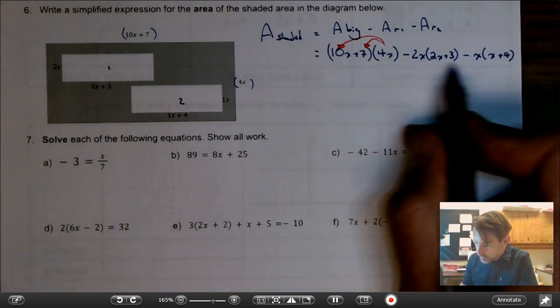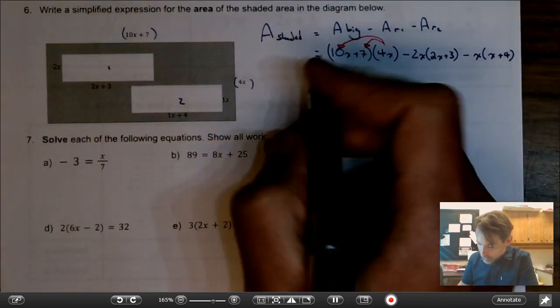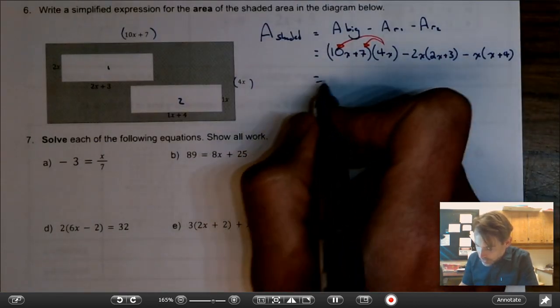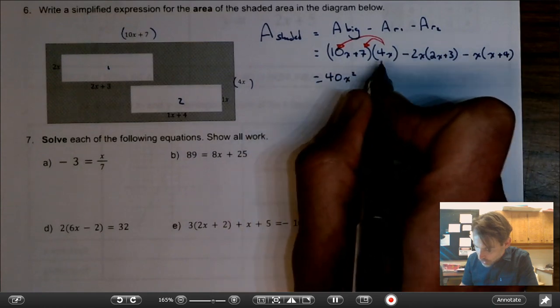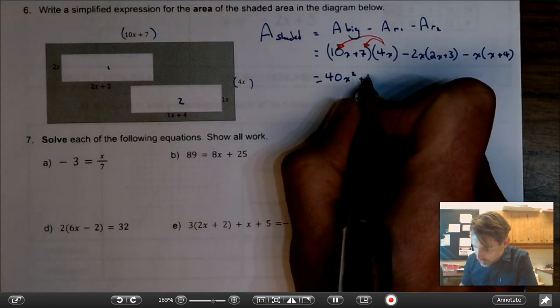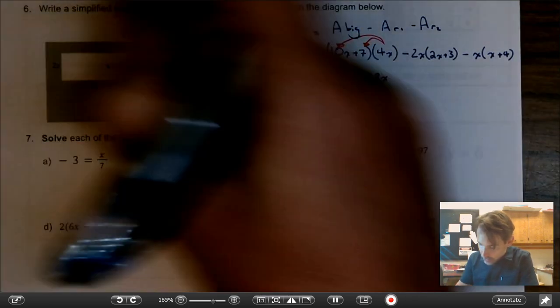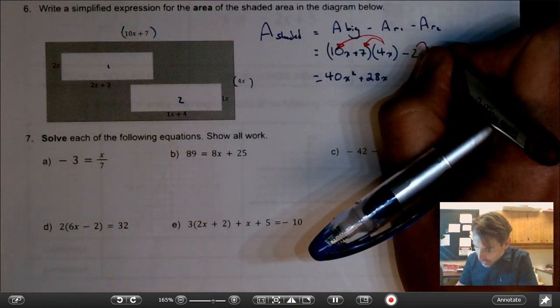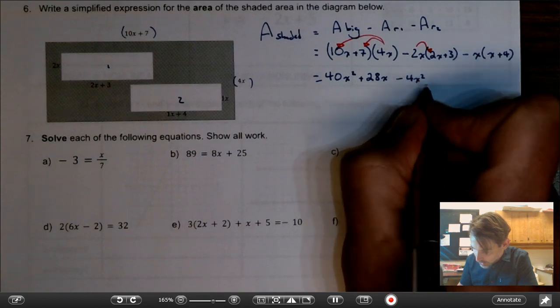So there's my subtract those two smaller rectangles. We'll do our distributions here. 4x times 10x is 40x squared. 7 times 4x is plus 28x. Okay, and now we do minus 2x times 2x, and that's minus 4x squared.